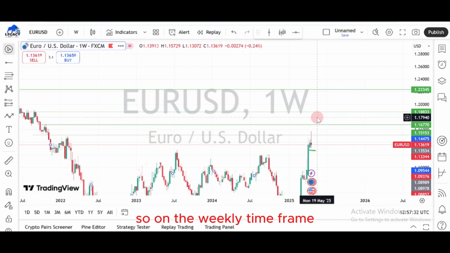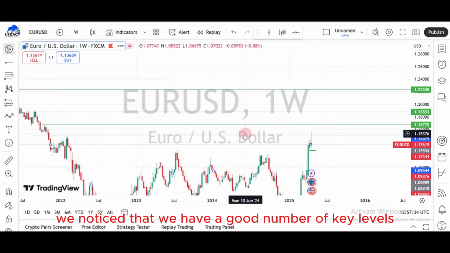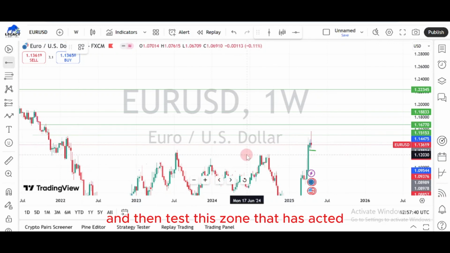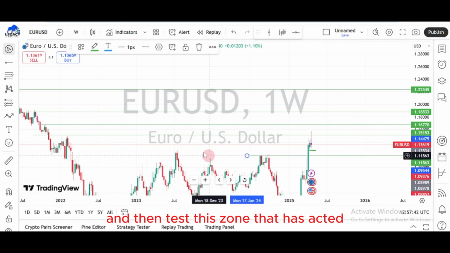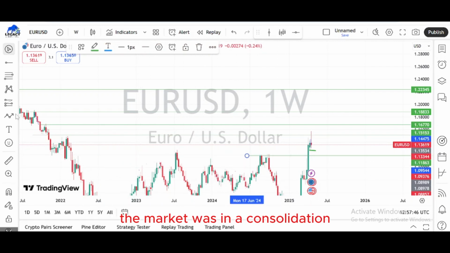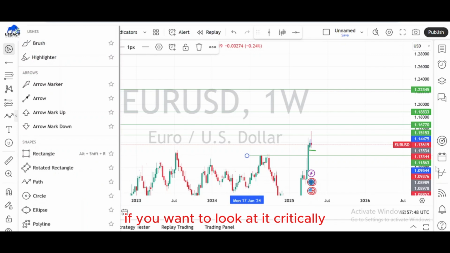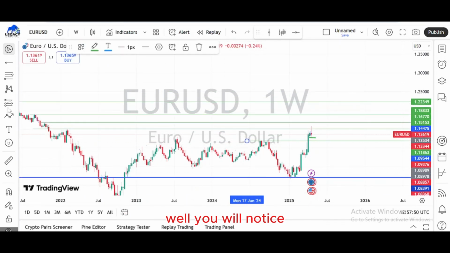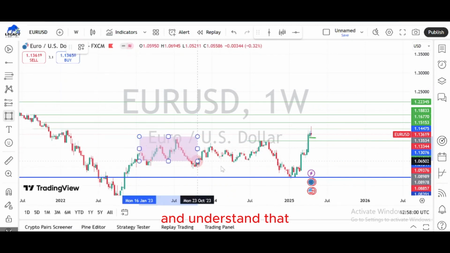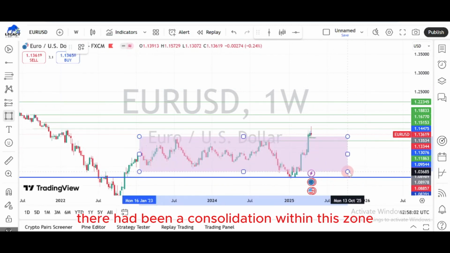So on the weekly time frame, we notice that we have a good number of key levels. Or better still, we can as well have the market retrace and then test this zone that the market has just broken. Because if you look at it critically, you will notice that the market had been consolidating for quite a long period of time within this zone.